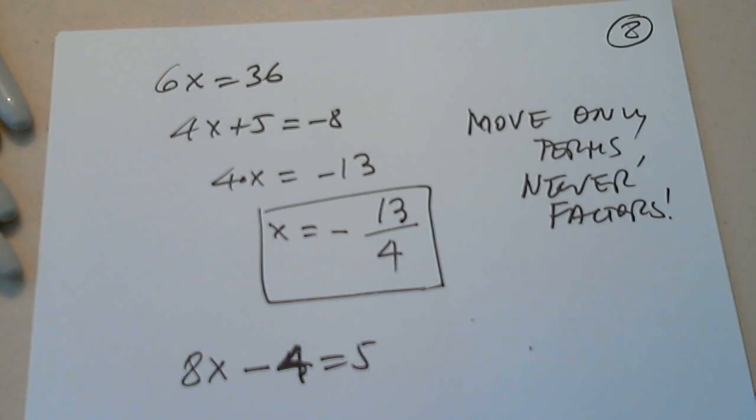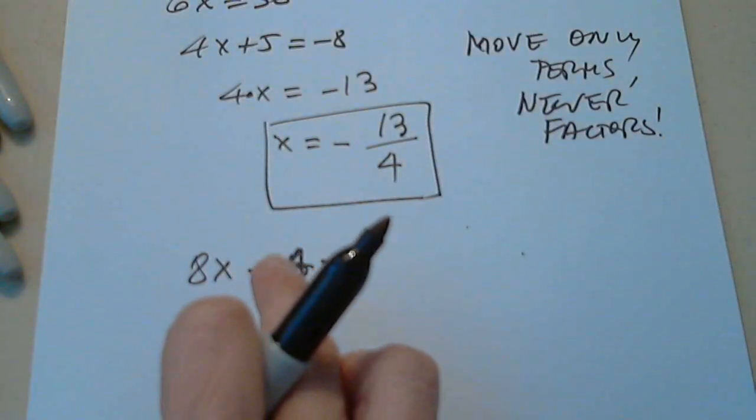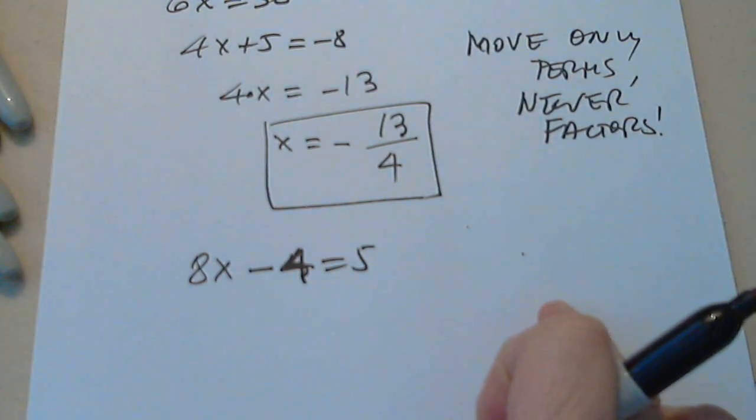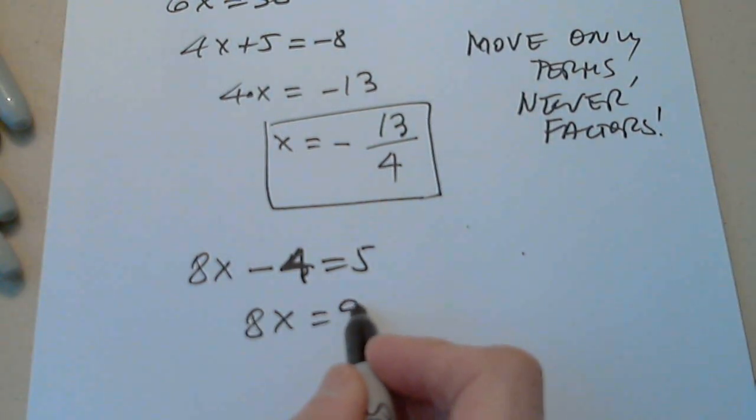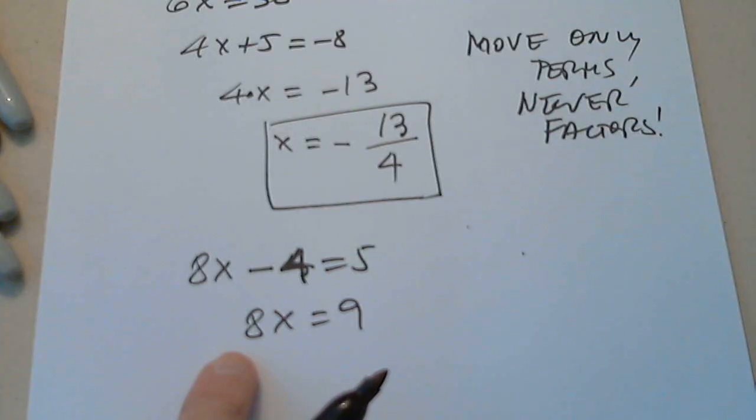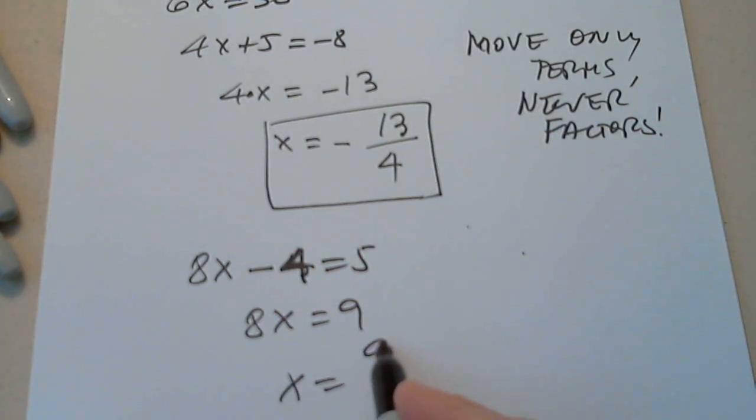Very good. The product of a number and 8, that's 8x. That product is decreased by 4. Then the equal symbol, equal 5. Good. If we want to solve it, if this is a term, I'm allowed to move it to the other side. This is not a term. I cannot move it to the other side. It's a factor. So I have 9 over 8. Any questions?